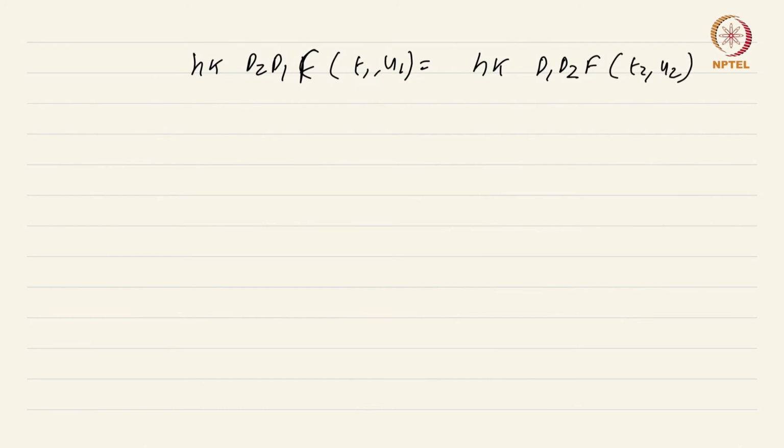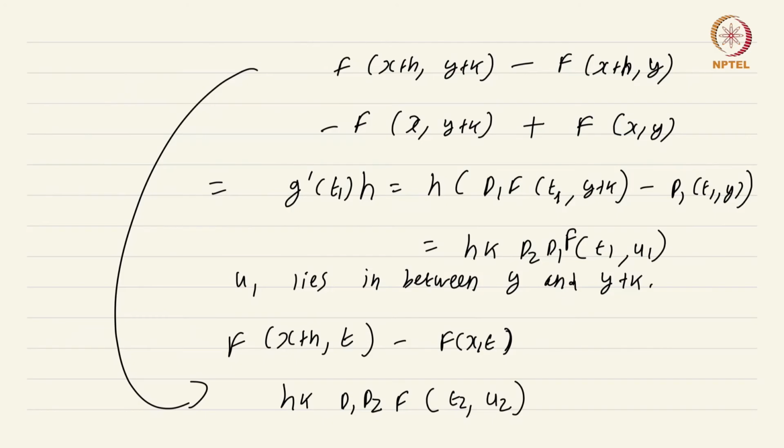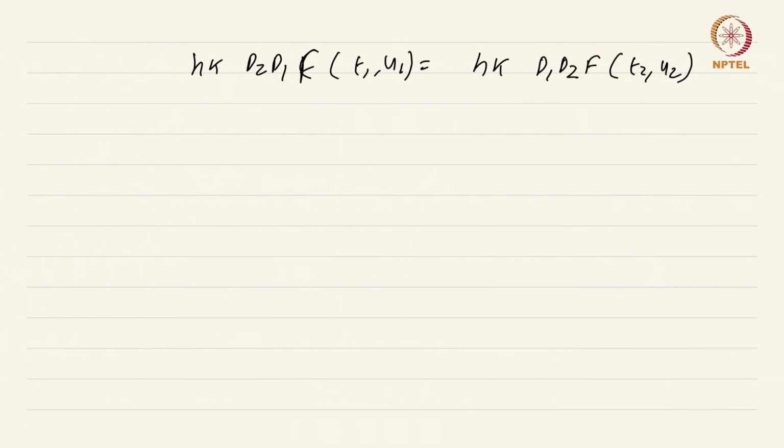I hope I got that correct. I did not mess up anything. Yeah, not bad. Okay, so h and k were assumed to be non-negative, so these two can be cancelled out. And notice that this will yield t1 u1 t2 u2 irrespective of how small h and k is. If I shrink h and k, I would get different values of t1 u1 in between x and x plus h and y and y plus k respectively, but this equality will still be true.